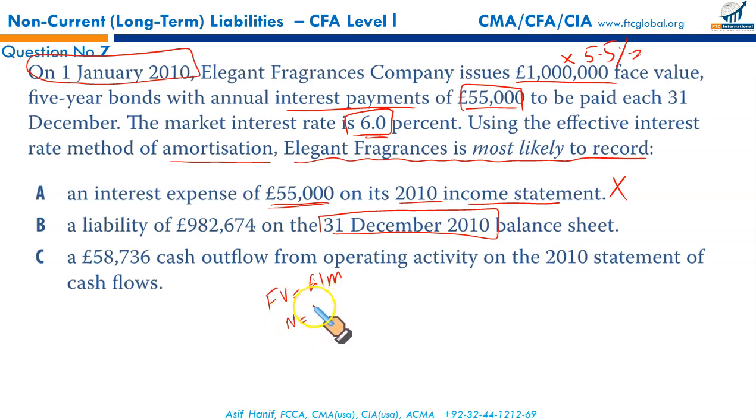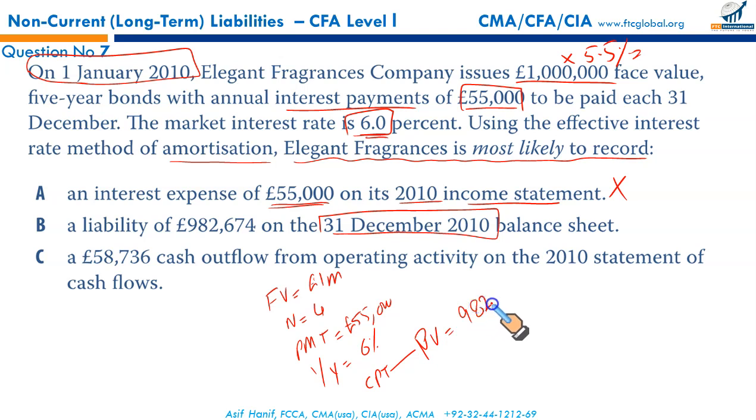Number of periods, not 5 anymore, 4. Payment of interest is given as £55,000. Interest rate per period, market rate of interest, that is 6%. We just have to calculate CPT PV and you get 982,674.47. So yes, this is the liability at the balance sheet date on 31st December 2010.